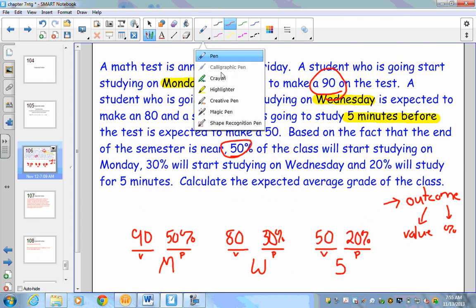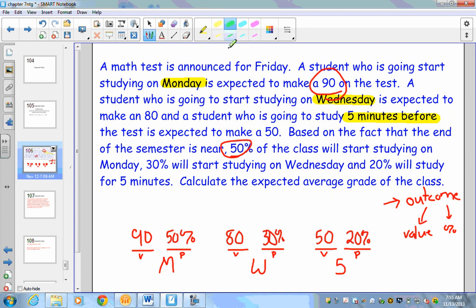Now I'm going to highlight something that is actually very significant, and that is the 50%, the 30%, and the 20%. In order to move forward, you have to make sure that all your percentages in the problem add to 100%. Because you're dealing with 100% of the population, because 100% of the population falls within those three choices.